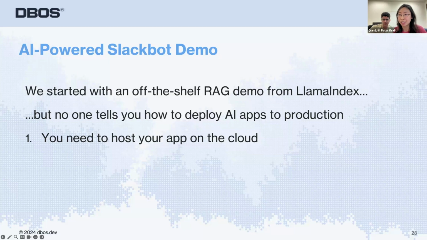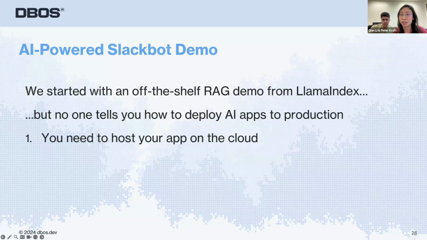And you also want this cloud platform to be priced fairly. For example, a common problem we've heard from people is that if you deploy this app to, say, AWS Lambda or EC2, you're actually paying for the compute time when your bot is waiting for the responses from OpenAI, which can take from seconds to tens of seconds.